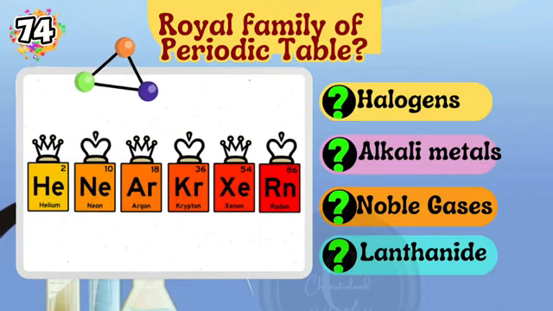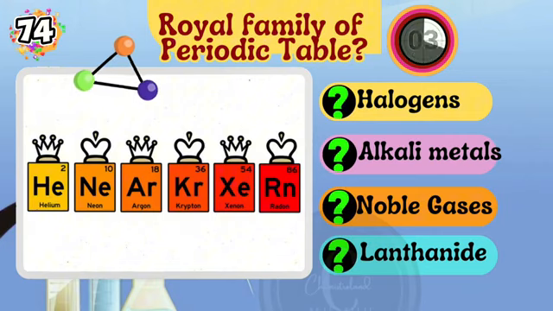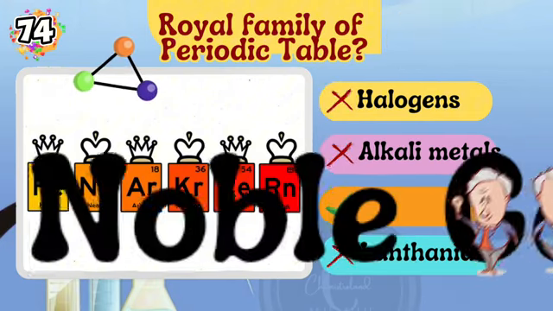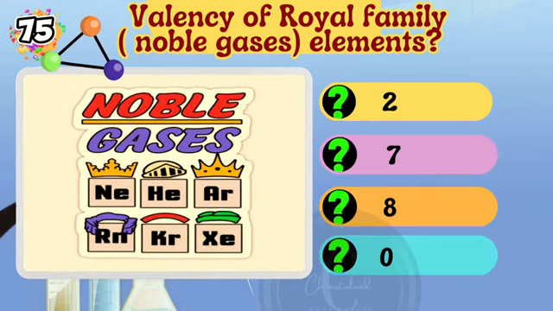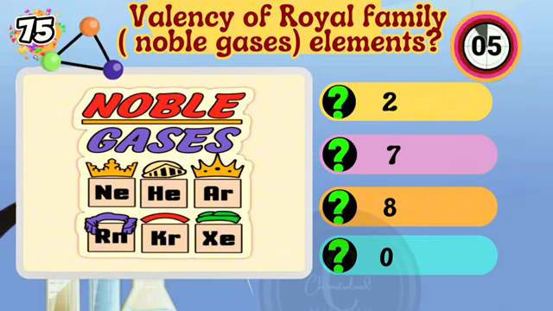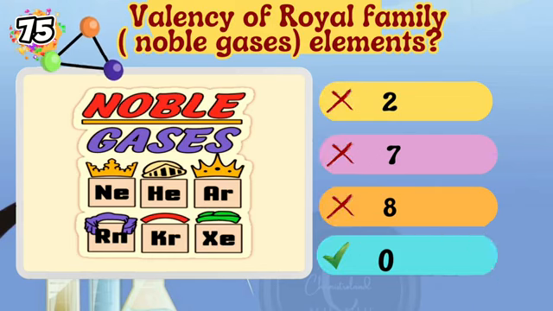Royal family of periodic table is also known as? Noble gases. The valency of royal family elements is? Zero valency.